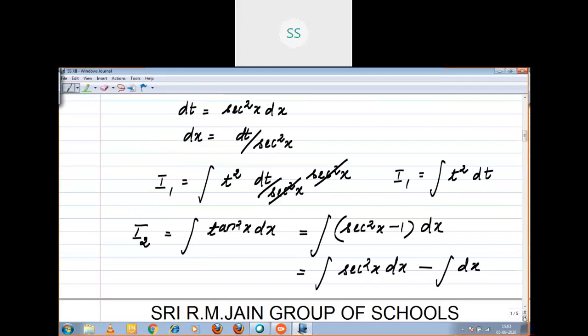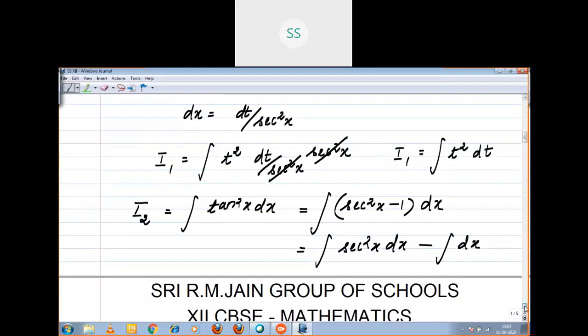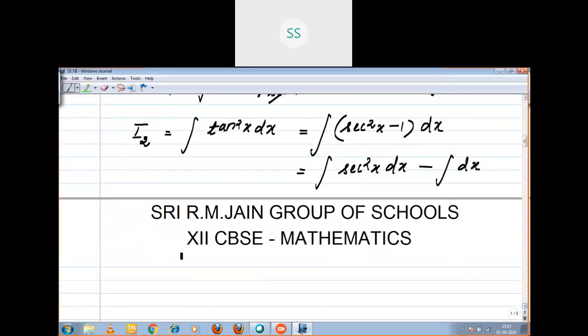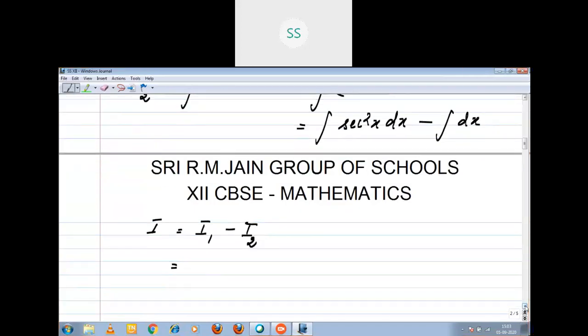Now you are going to move to the original integral part, right? I is equal to I1 minus I2. What is your I1 you got? Integral t square dt minus integral secant square x dx. Minus into minus plus integral dx.